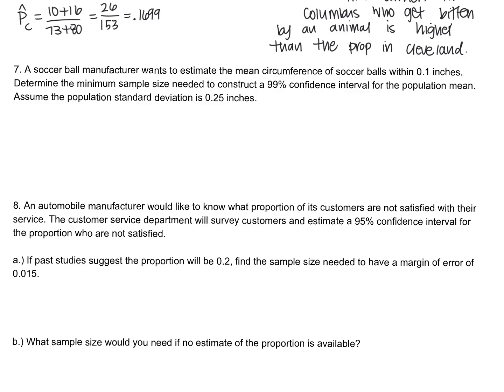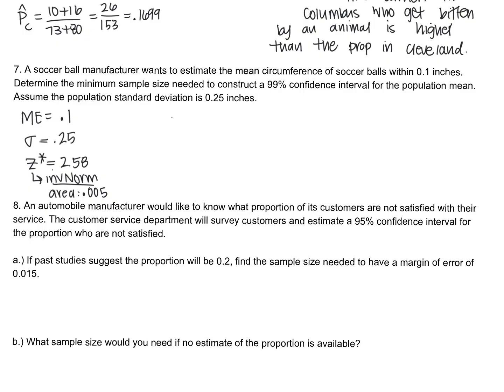So our margin of error is 0.1. Our standard deviation is 0.25. And then our Z critical value, which we do inv norm to calculate. Our area is still the same thing, remaining percent to 100 divided by 2, which is 0.005. We get 2.58.